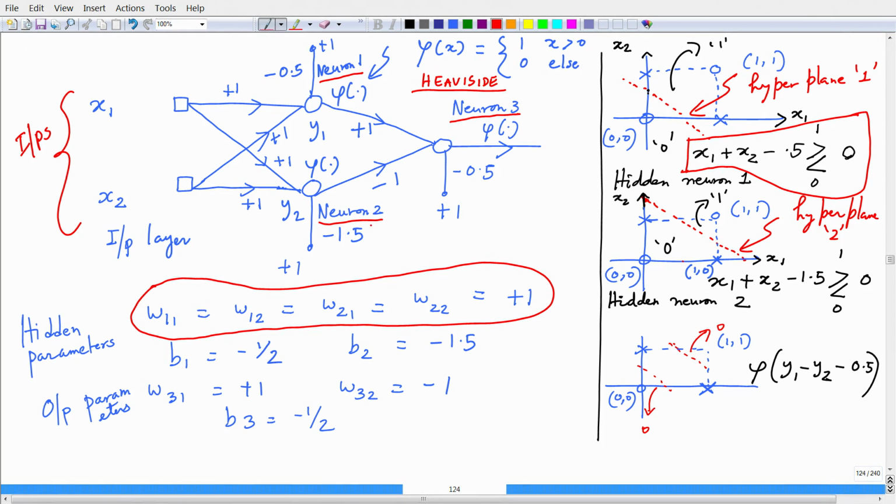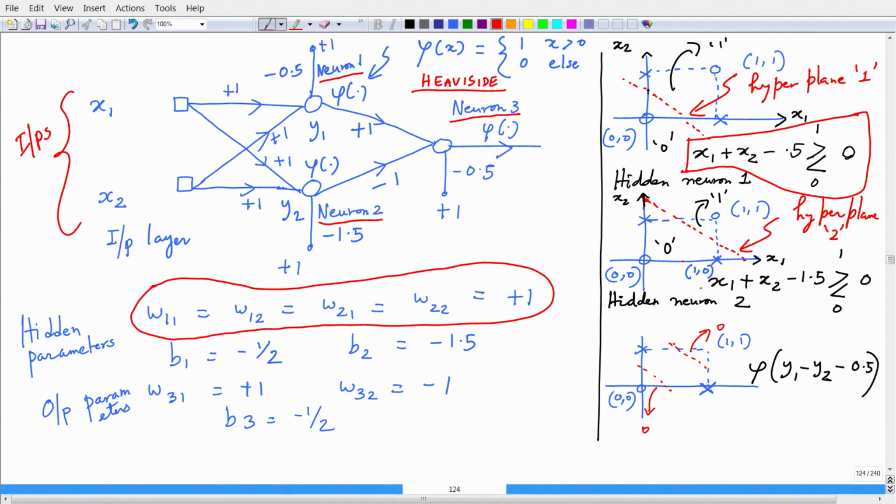Similarly, for neuron 2, which is the other hidden neuron, I have x1 scaled by plus 1, x2 scaled by plus 1, and a bias of minus 1.5. So, I take x1 plus x2 minus 1.5 and apply a Heaviside function on this.